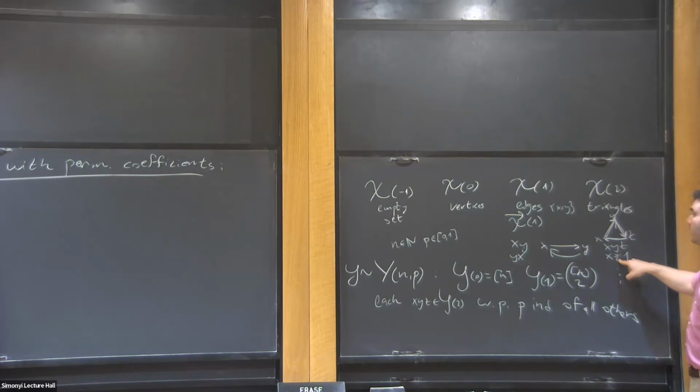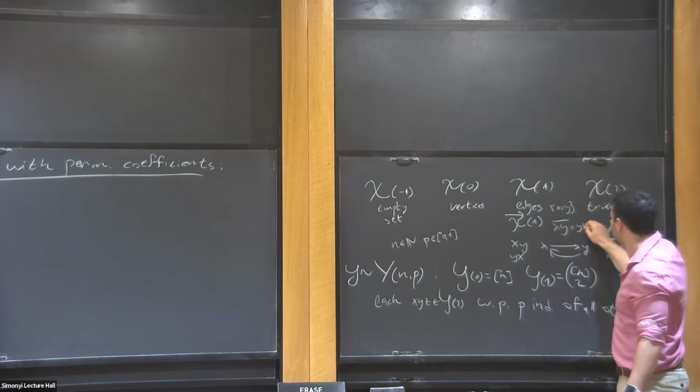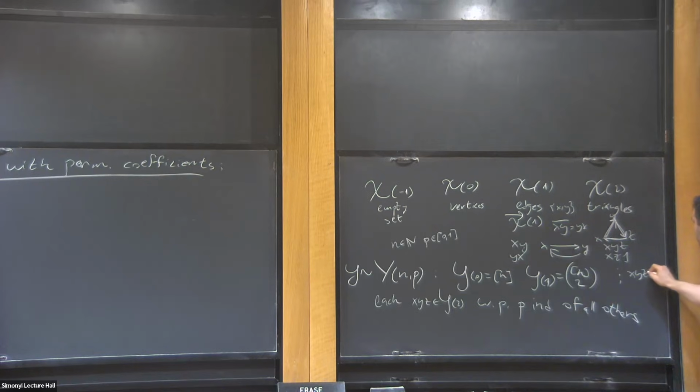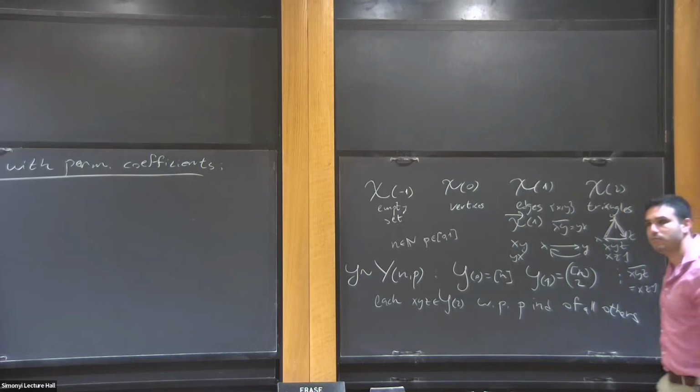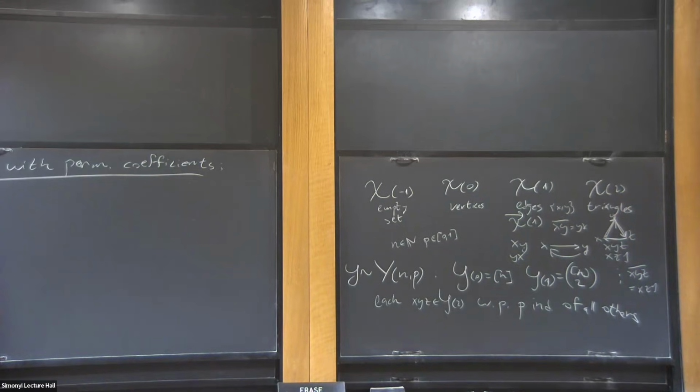This is the anti-clockwise version of this. So we will just use the notation xy bar is yx. If you reverse the edge, you get yx, and xyz bar is xzy. So if you went clockwise, you will go anti-clockwise and vice versa. Great, so I needed this.